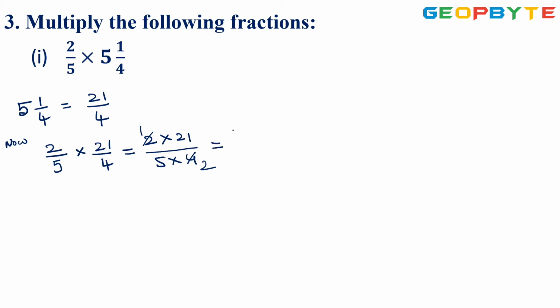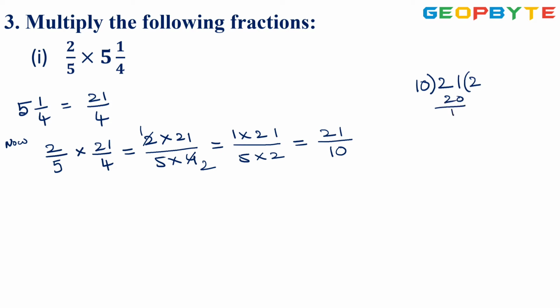Now we will get 1 into 21 by 5 into 2, which is equal to 1 into 21 is 21 by 5 twos are 10, by 10. Now we can convert this into mixed fraction by dividing with 10. 10 twos are 20 and the remainder is 1.